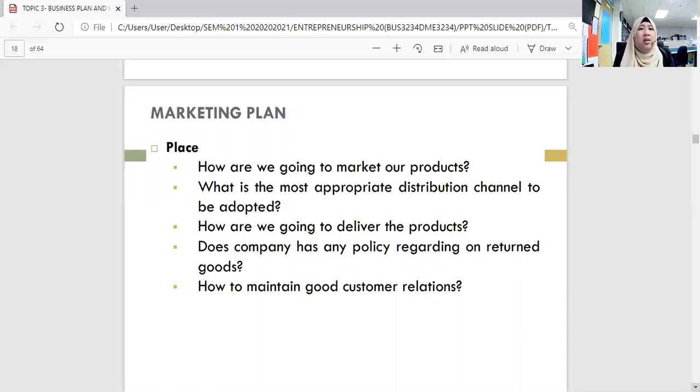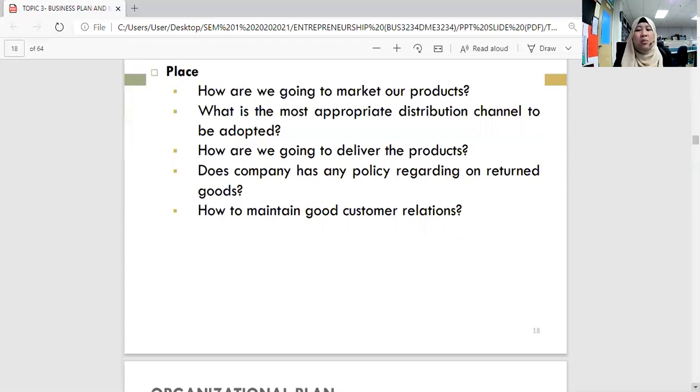Right now they have very advanced technology, and some say they can also deliver the product using a drone. That is quite impressive, wow, you can use a drone to deliver the product. And does the company have any policy regarding returned goods?